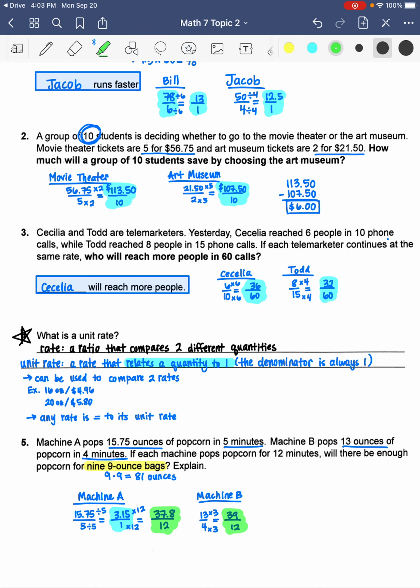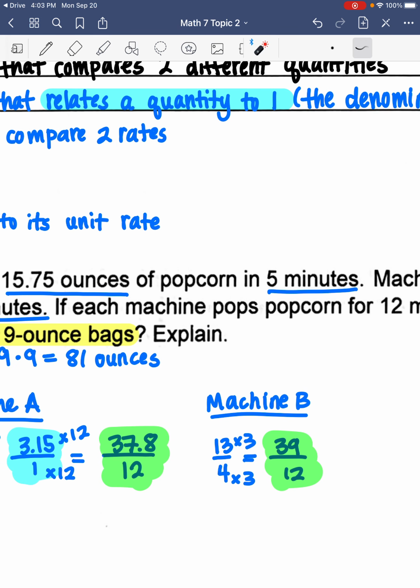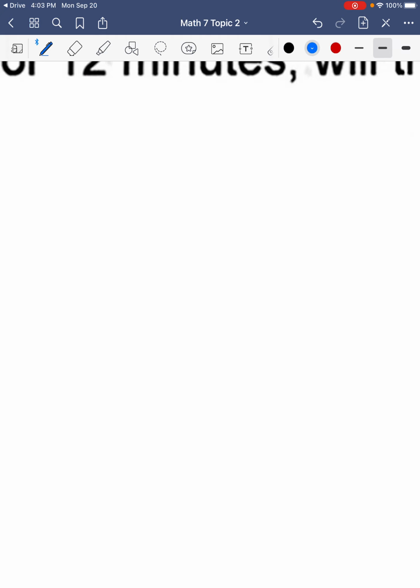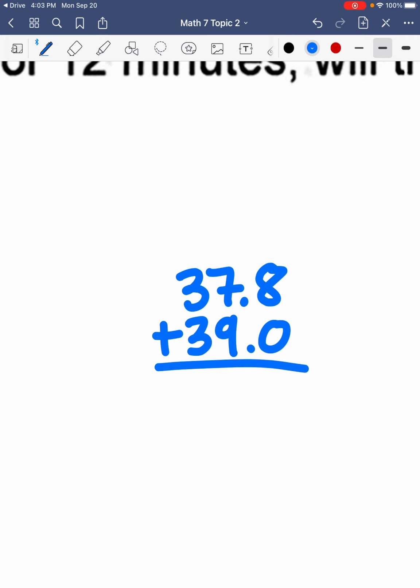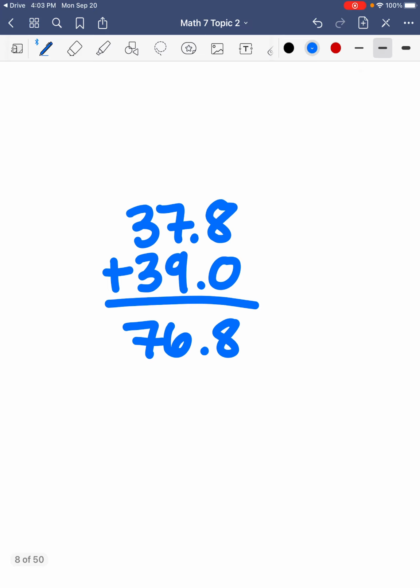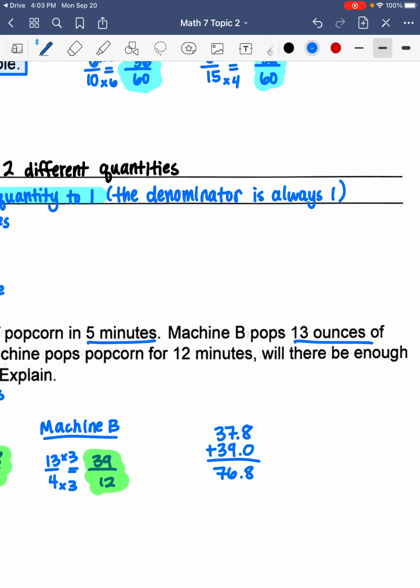So now all I need to do is add 37.8 plus 39 together. And I can do that in my calculator, or I can do that by hand. So 37.8 plus 39. When you add that together, you're going to get 76.8. So we're going to have 76.8 ounces of popcorn total.